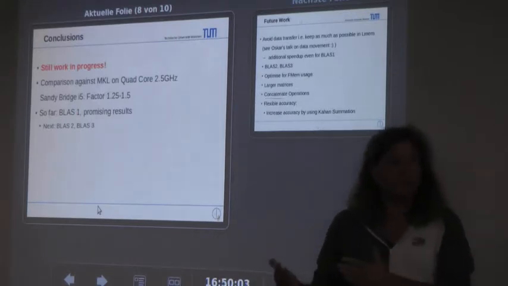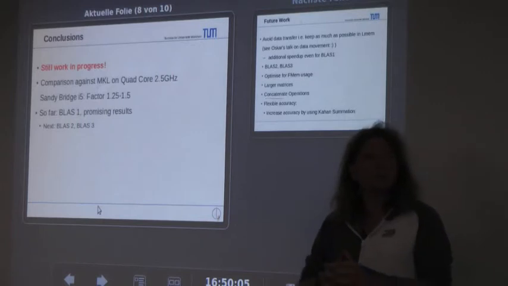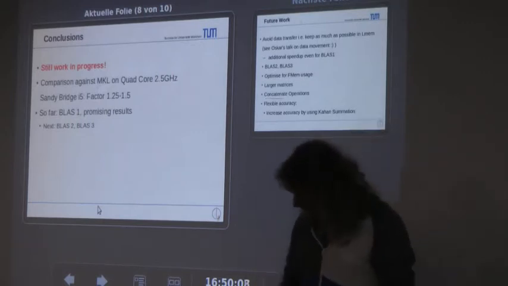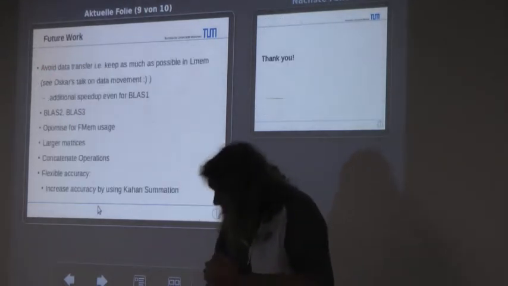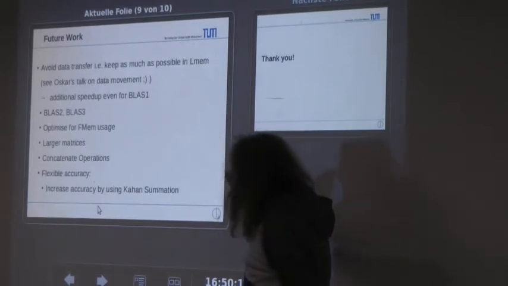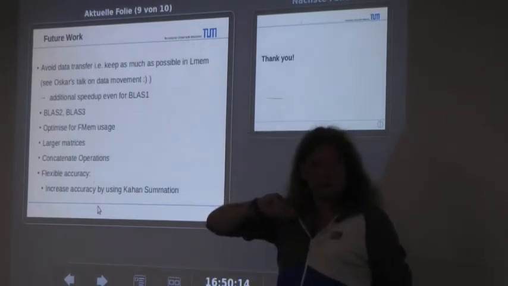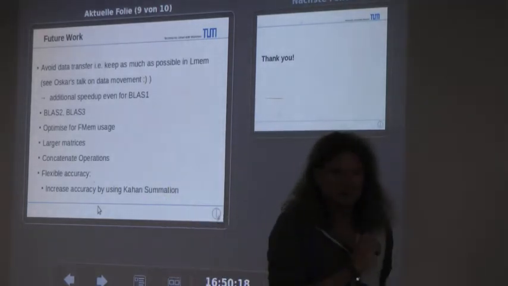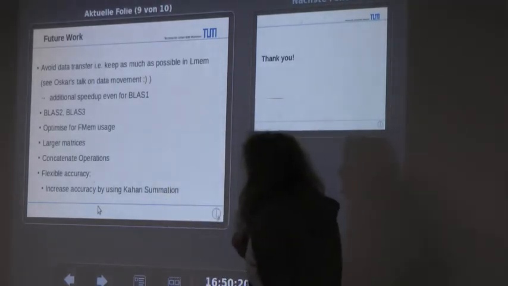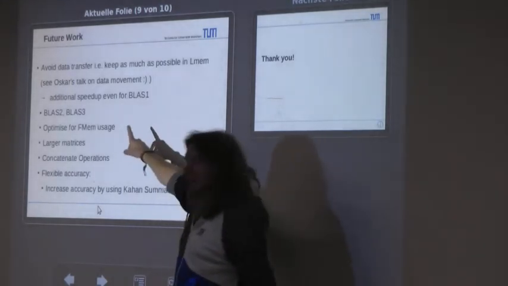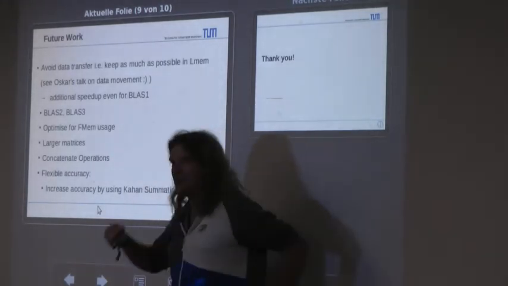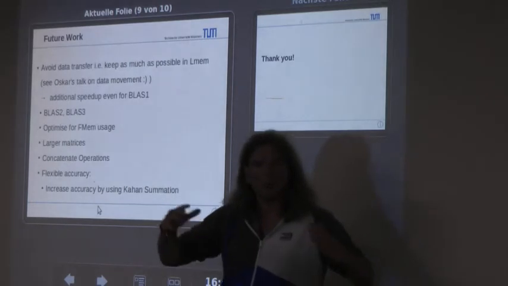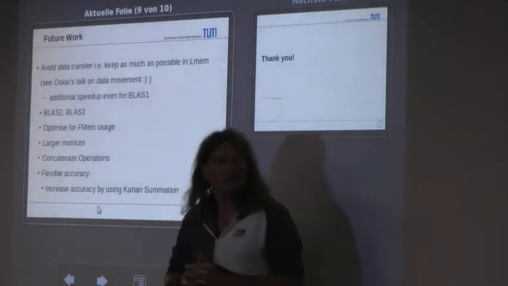We already got some inquiries from colleagues in the academic world who would like to try this out. Future work could comprise avoiding data transfer, which I already mentioned. If you paid attention to Oscar's talk, you don't want to do this. And even for BLAS 1, this should give us an additional speedup, especially for large vectors or when concatenating these BLAS operations.